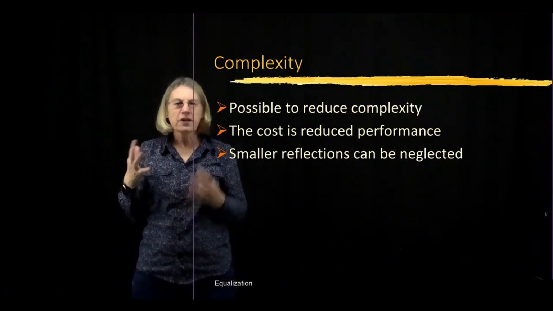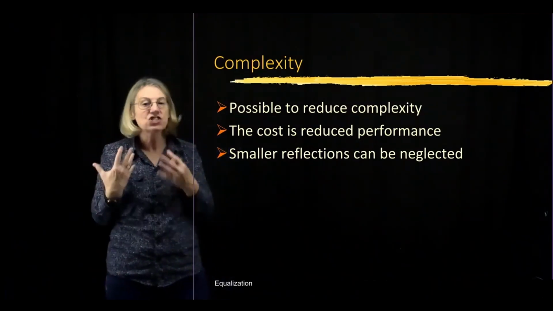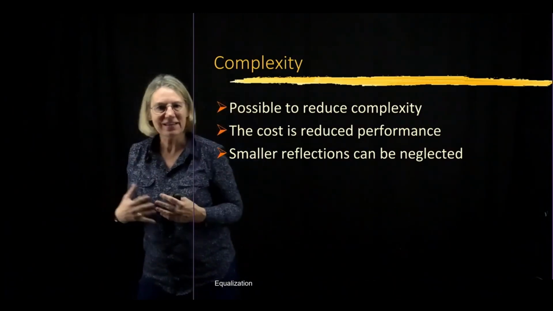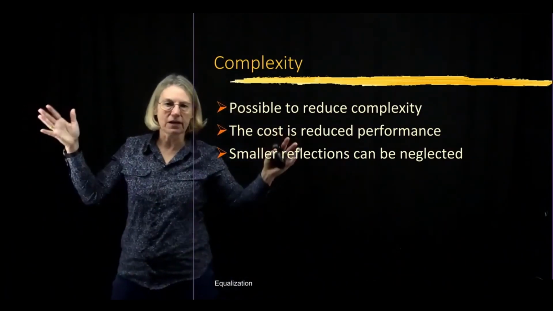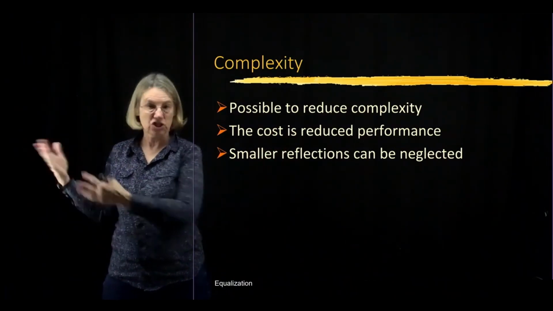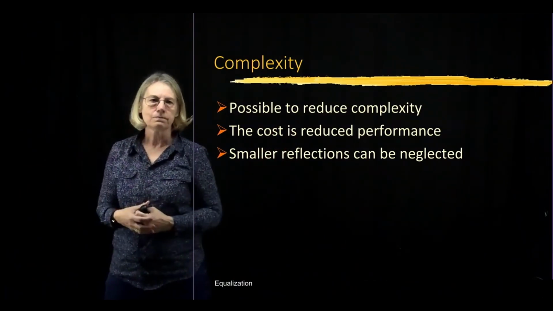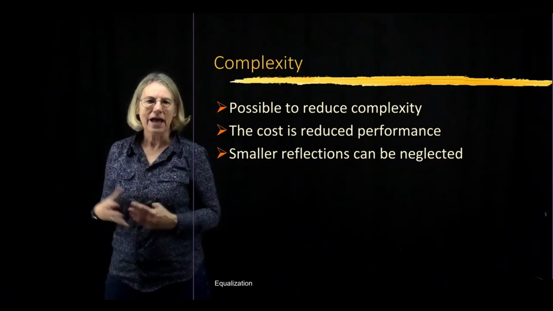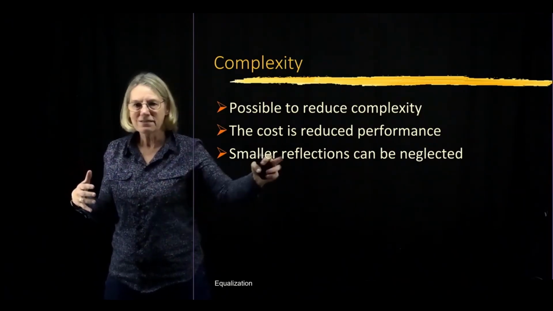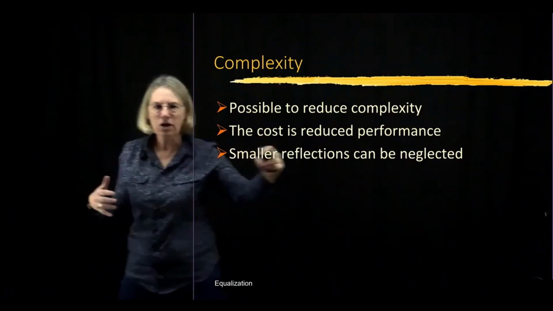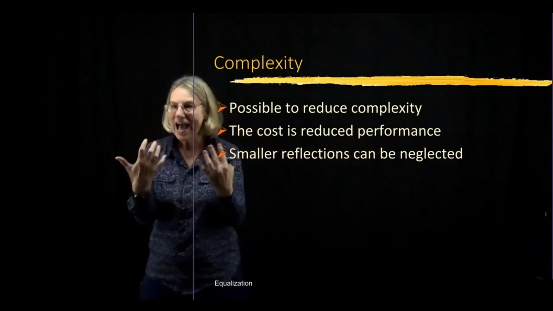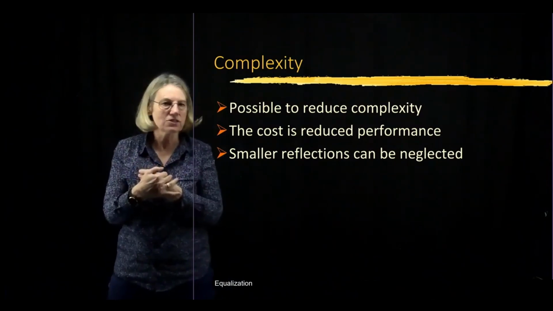It's a fungible complexity because I can choose how many taps are in it. It may be that the optimal equalizer has to have a really, really large number of taps in order to actually achieve that inverse. But I could reduce the complexity and just use fewer taps. That's going to cost me something, and what it costs me is that performance is going to deteriorate. So complexity is not completely determined.